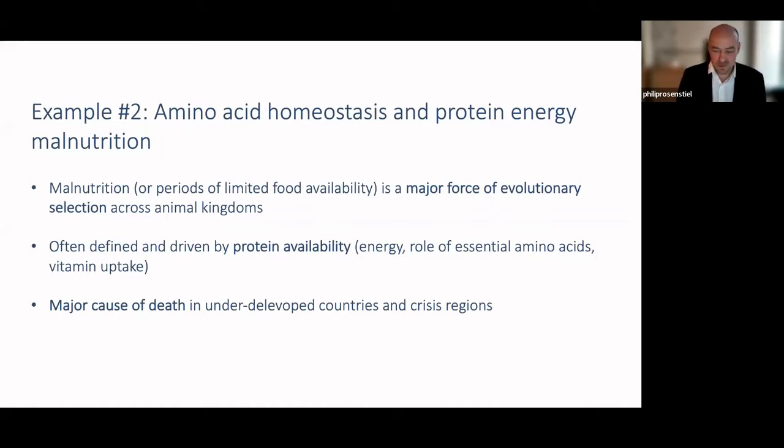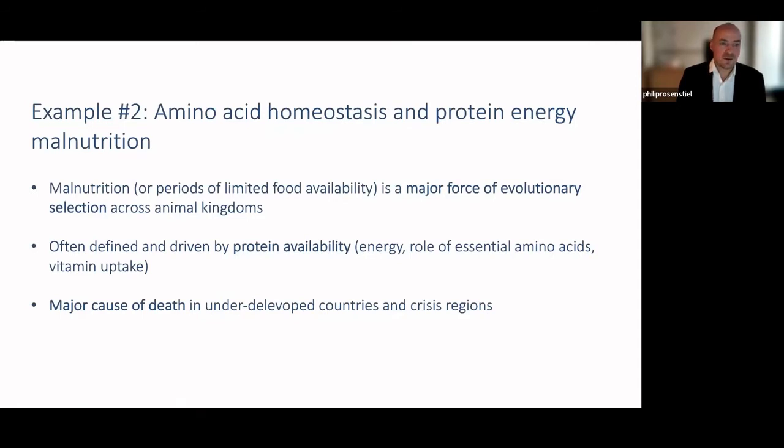If you look back 50,000 years, protein availability and enough food is probably something that you see only sometimes, and the surplus that we have currently, that we can just go to a supermarket, is something that's very, very recent.